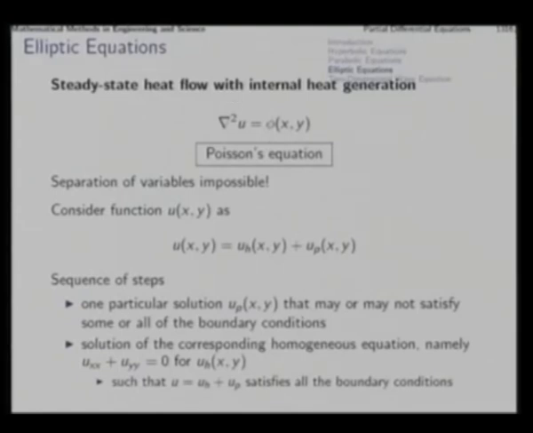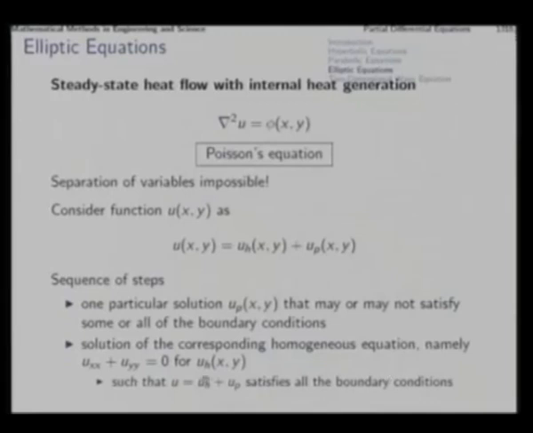That is, if we can find one solution of this which perhaps does not satisfy the boundary conditions, then we keep that. After finding that particular solution, which most probably does not satisfy all of the boundary conditions, maybe does not satisfy any of them, still having a solution of the differential equation itself helps, because then we consider the solution of this Laplace equation for UH in such a manner that UH plus UP together satisfies the boundary conditions.